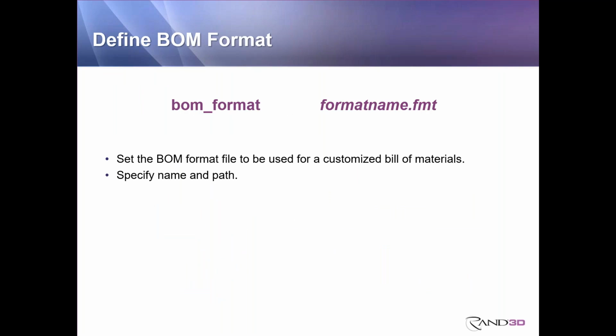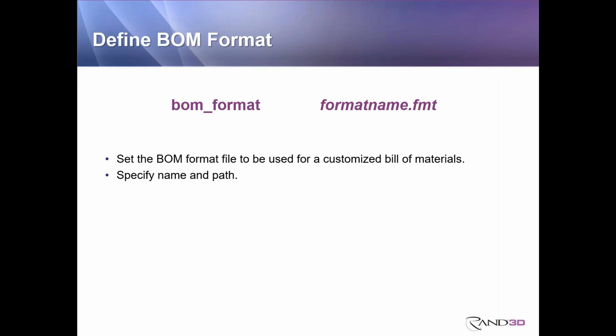So in this image here, we're looking at the BOM format configuration file option, which you can set through your configuration editor. This particular option, BOM format, will allow you to set that actual BOM format file that you want to use to customize the BOM report.